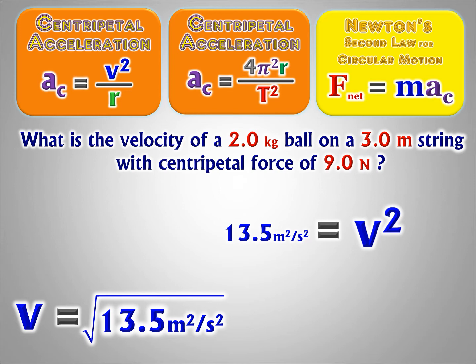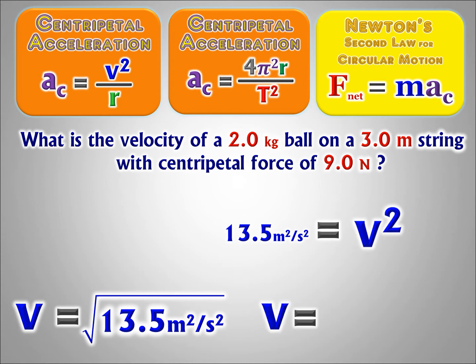So notice what I just did is I square rooted both sides. You can do that. That's fair. So I square rooted v squared and I got v. And I'm taking the square root of 13.5 meters squared per second squared. And of course, when you take the square root of meters squared per second squared, we're just going to have meters per second, which is exactly what we want.